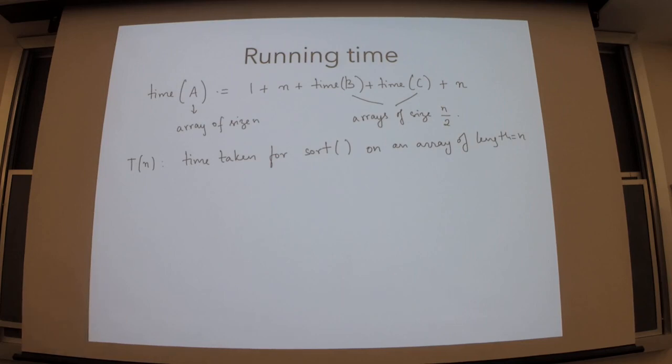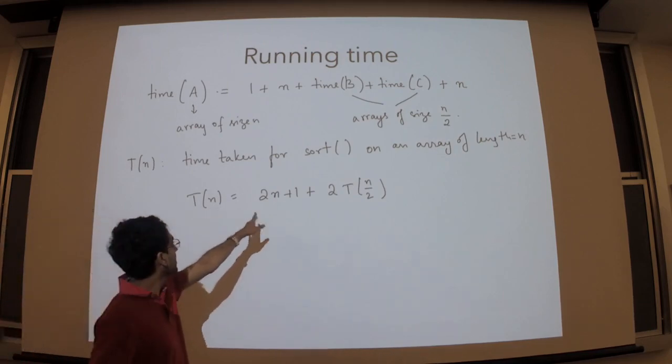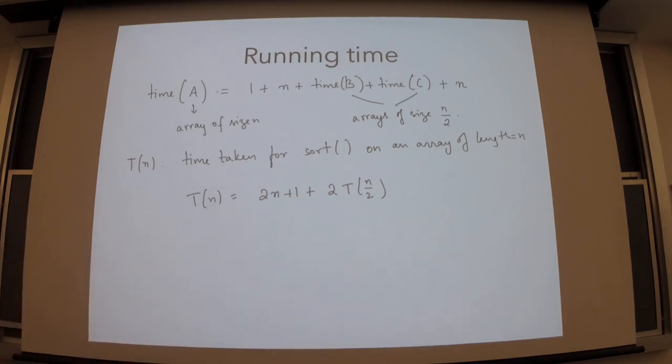Then what the previous statement is telling us is that T of n equals 2n plus 1 plus 2 times T of n by 2. And I'm going to be conservative. This again is like O of n, so I'm just going to replace it, it's going to be a bit informal, and write this as T of n equals 2T of n by 2 plus some n. So this is what we have.